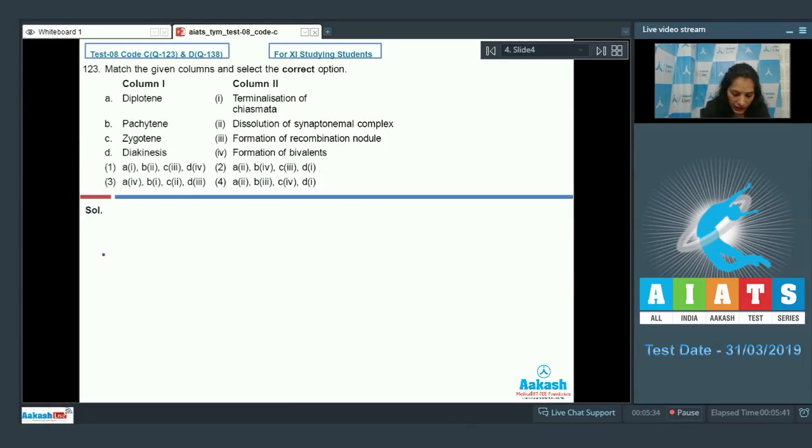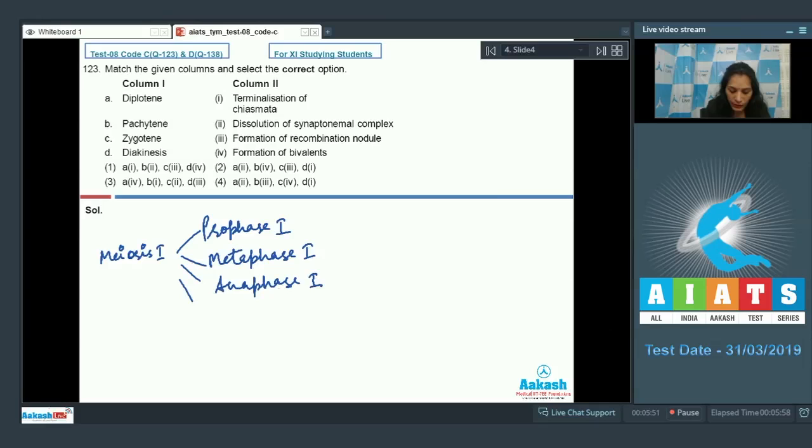Now see, in case of meiosis 1, there are substages called prophase 1, metaphase 1, anaphase 1 and telophase 1.